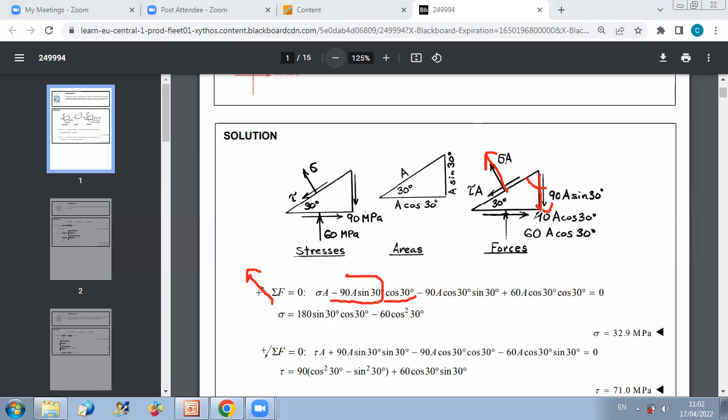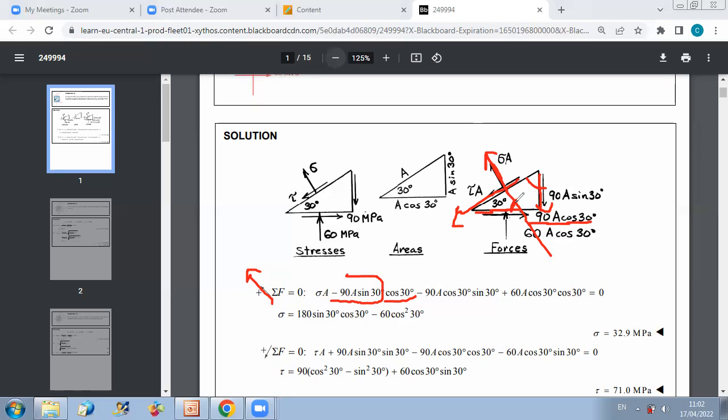Now, this component is making an angle of 30 degrees with this direction, so with the other direction it will make an angle of 60.